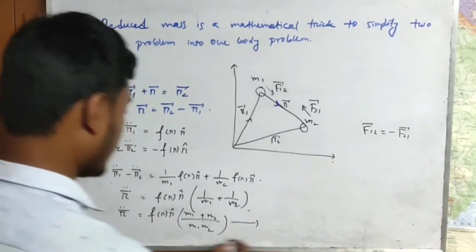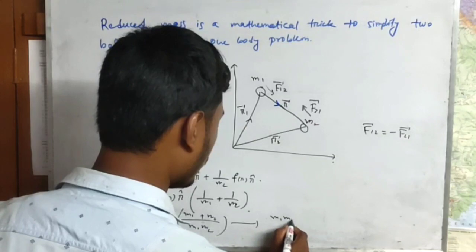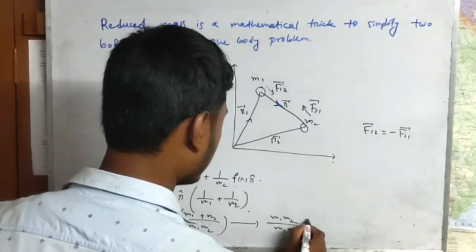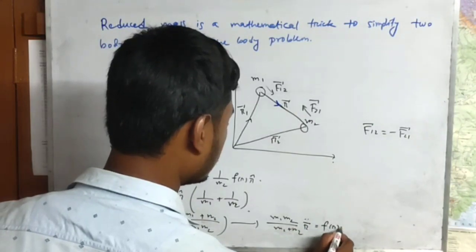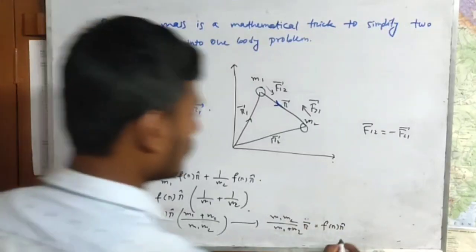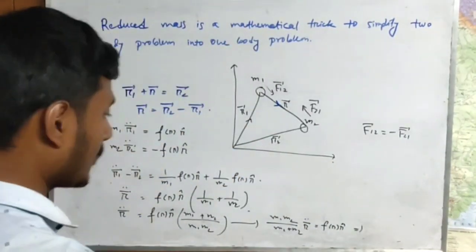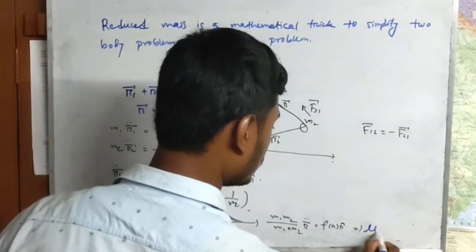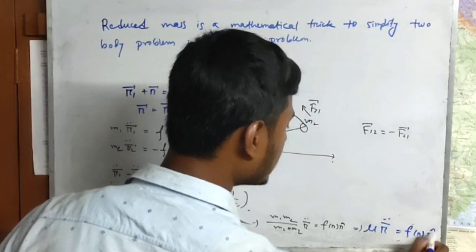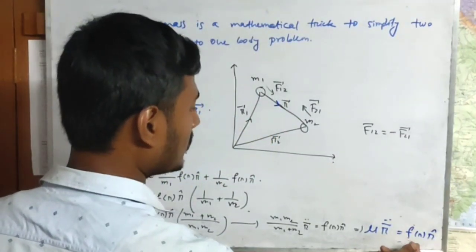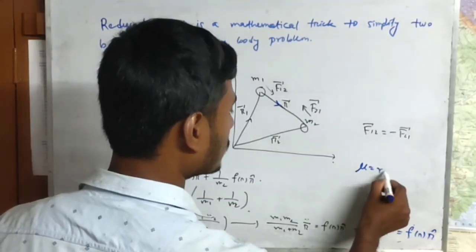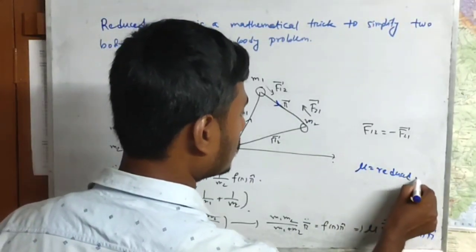So we can write that m1 m2/(m1 + m2) times r double dot equals f of r r cap. This is the equation of motion, which can be written as mu r double dot equals f of r r cap. This is the equation of motion for the mass mu, and this mass is called the reduced mass.